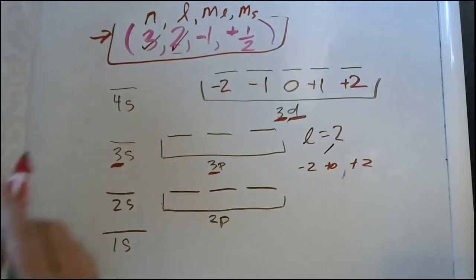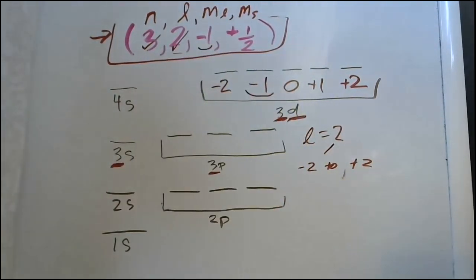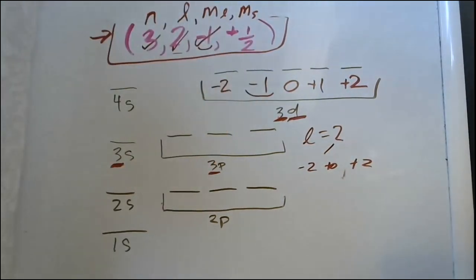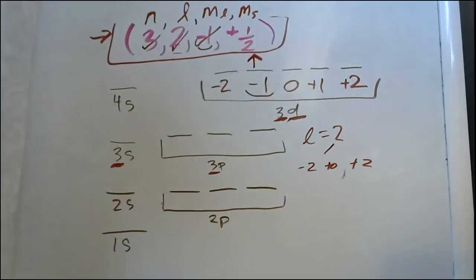My electron is in -1, so it must be in here. And my final quantum number is +1/2. That means that the electron that I'm looking at is going to have an upspin to it. So I just used my 4 quantum numbers to GPS locate my electron in an electron diagram.